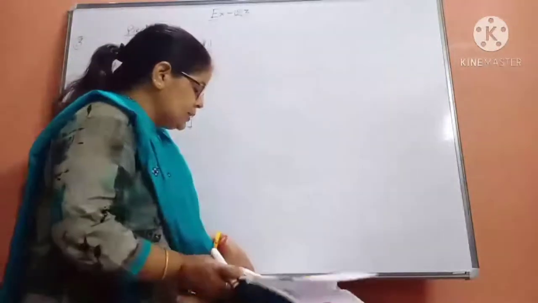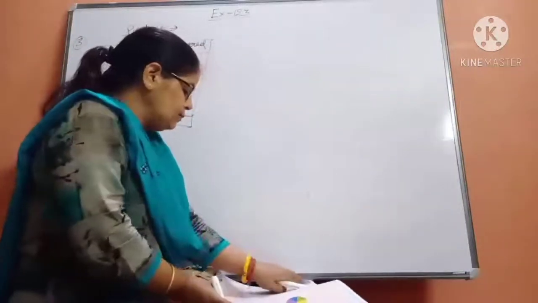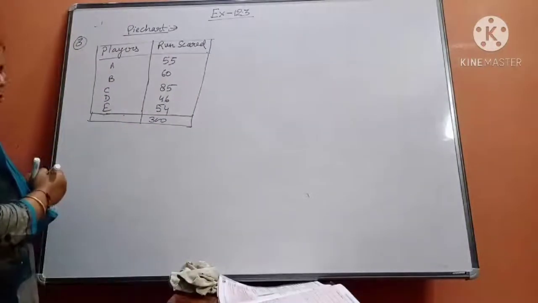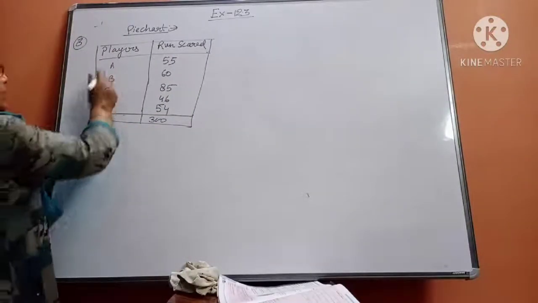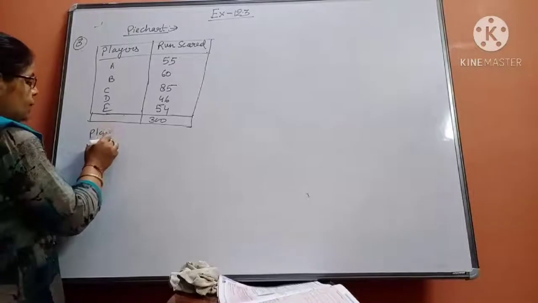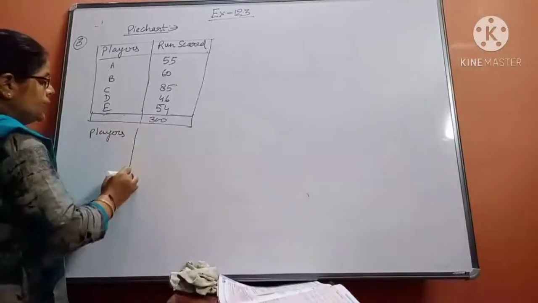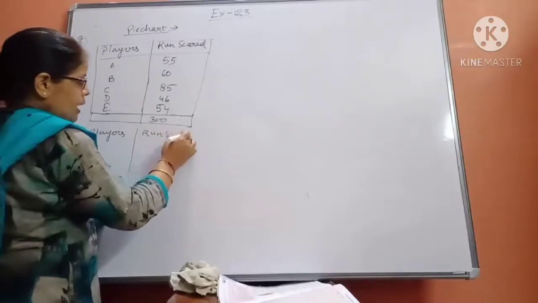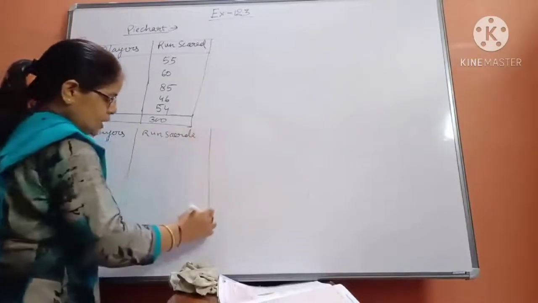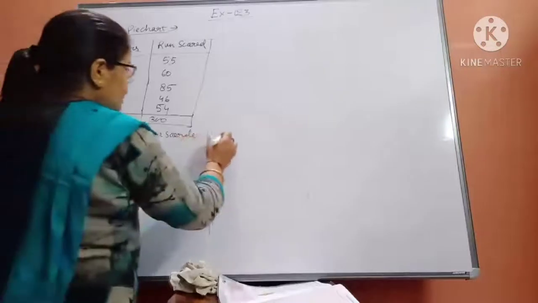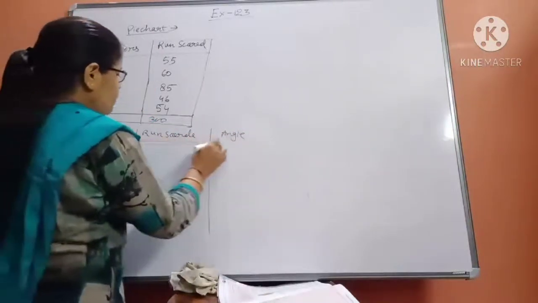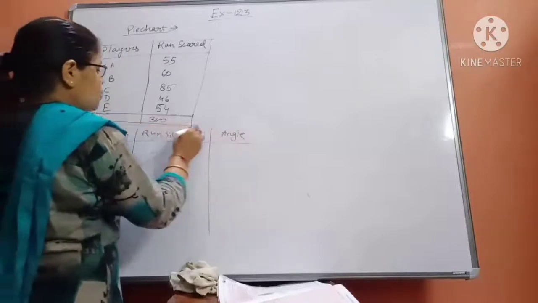Now here see that beta, we will have a total. Already the total is given to us. How will we do it? I am just making here in the first column players, then runs scored. And because we have to draw it in a pie chart in a circular form, for that I need angles also, and how we will find those angles I am just going to teach you beta.